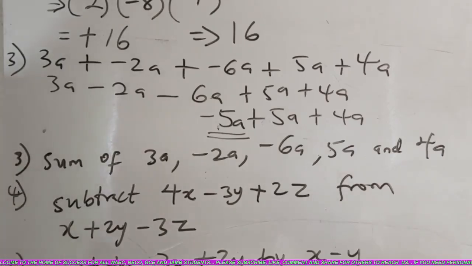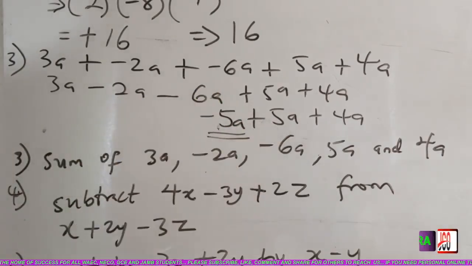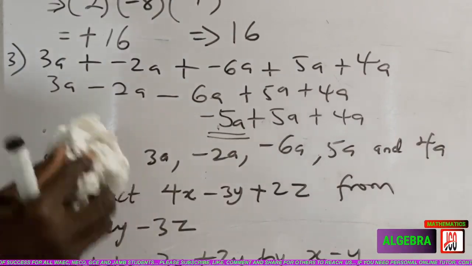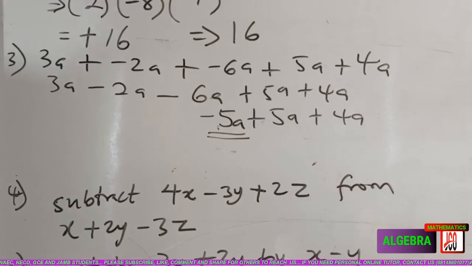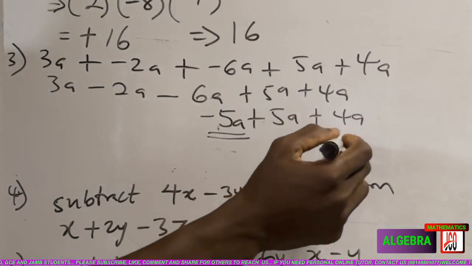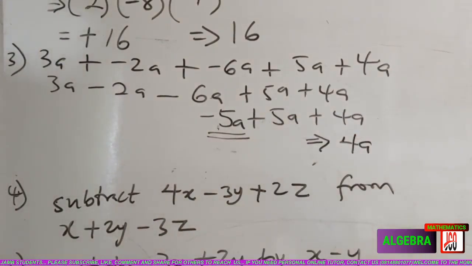Now going on, you have minus 5 plus 5. It's going to give you 0. Minus 5 plus 5 will give you 0. And once that gives you 0, your final answer will become what? 4a. That is your answer for question 3.